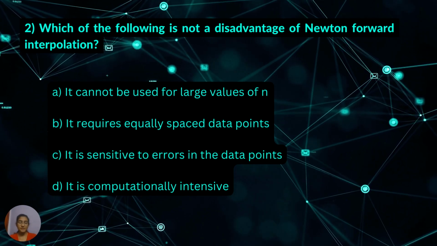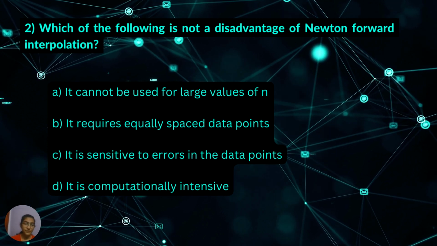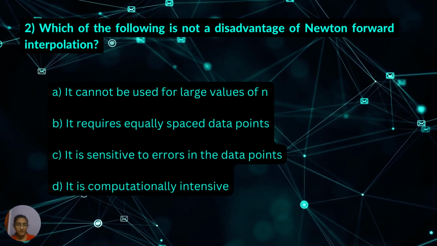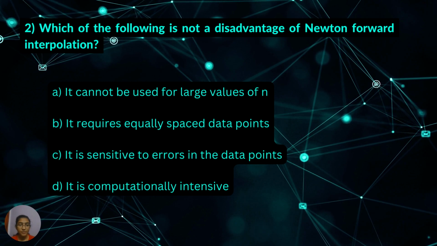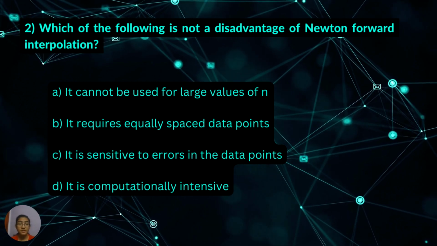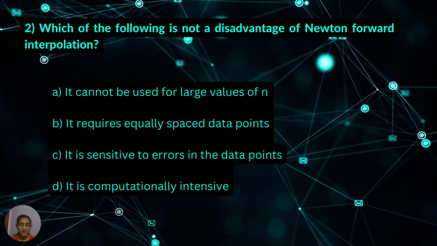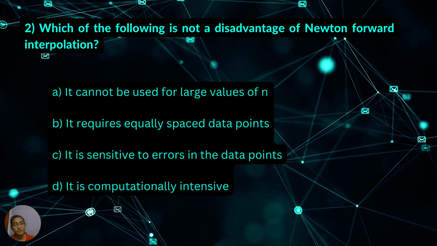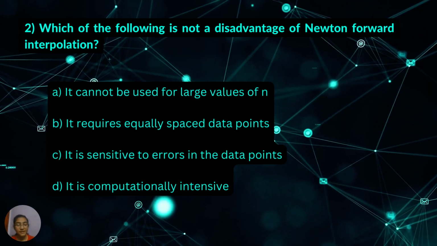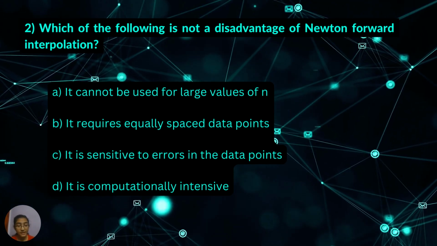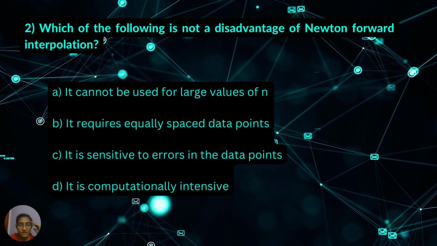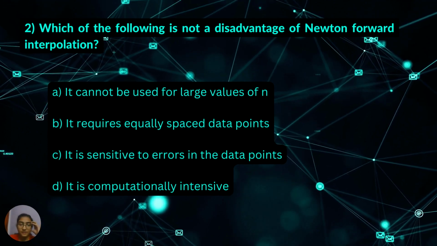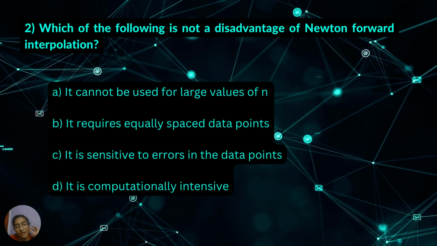So these are general properties of Newton forward difference interpolation. Among its properties, what serves as a disadvantage for this type of interpolation? It cannot be used for large values of n.